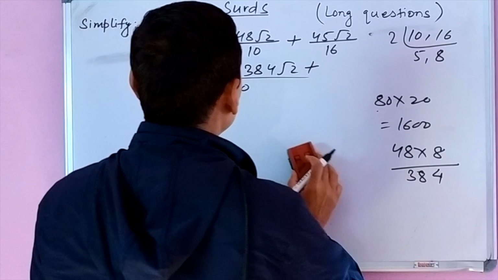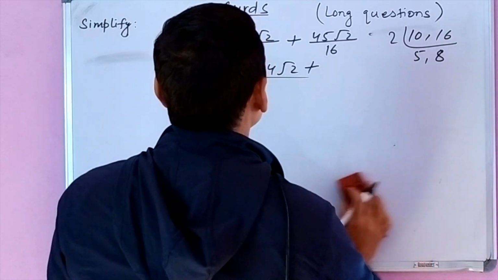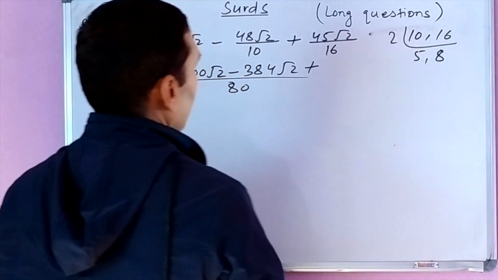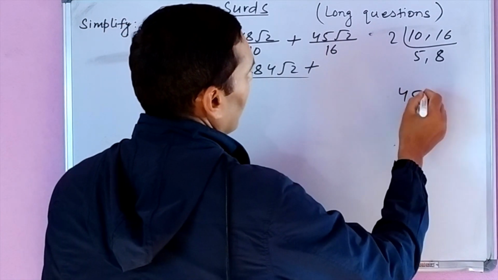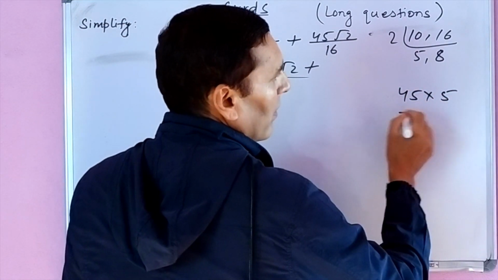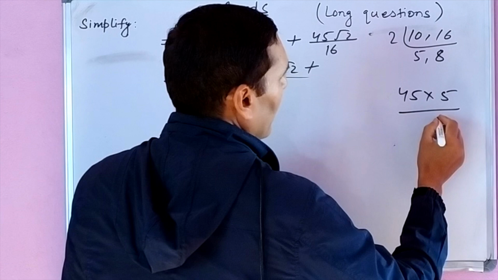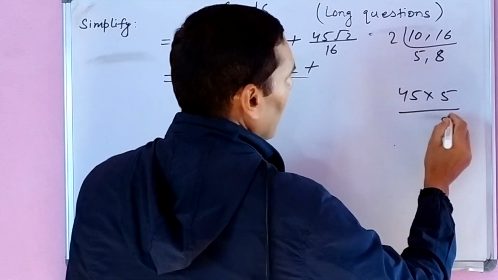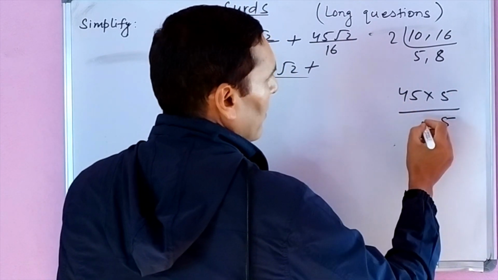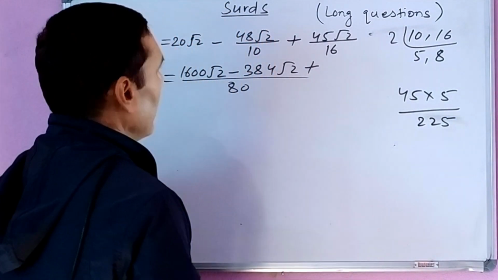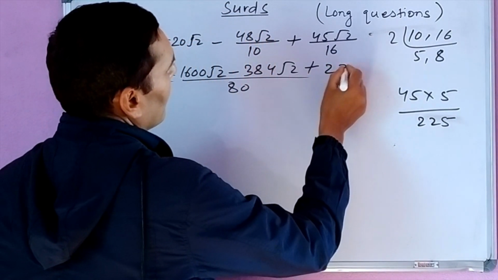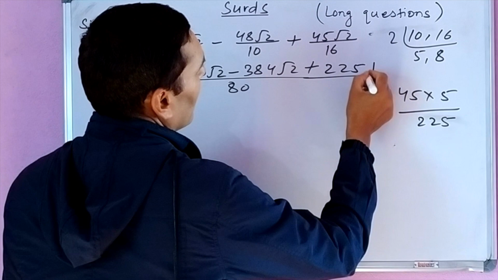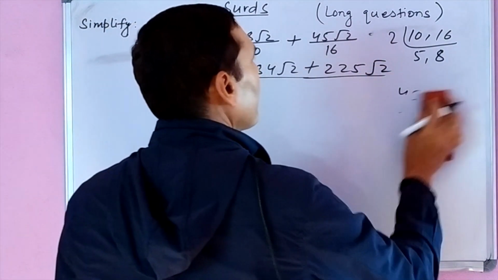Plus 16 divides 80 5 times, so 45 into 5 is 225 root 2 as it is.